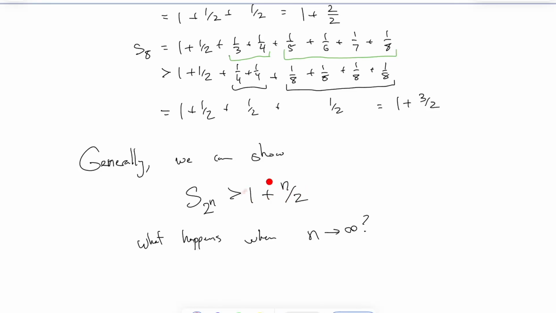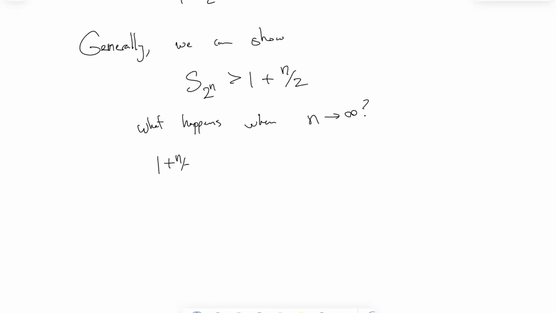The answer is this part becomes infinity if the n goes to infinity, and the S's are even bigger than that, which means the S's also go to infinity. All right? The S's here you can see are larger than this part, but this part is becoming infinite when the n goes to infinity. So what happens when n goes to infinity? The answer is 1 plus n/2 goes to infinity, but S2 to the n is bigger.